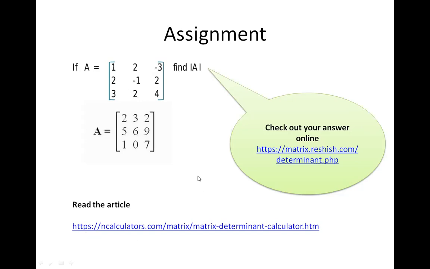Then you will be able to find out how the properties work. I think this is sufficient for today. I hope you will solve the values. You can verify the solutions online also, and you can verify the theorems and properties discussed also.